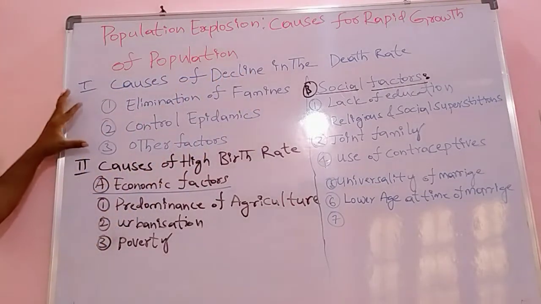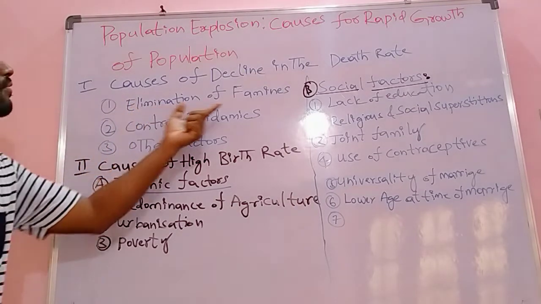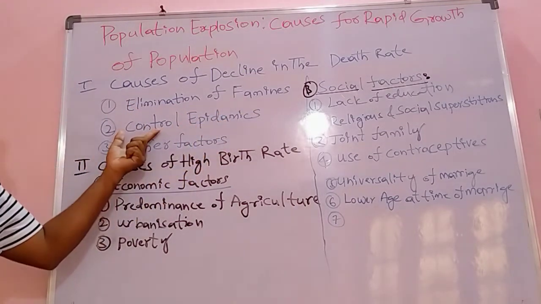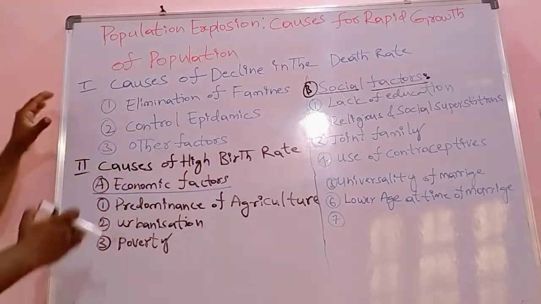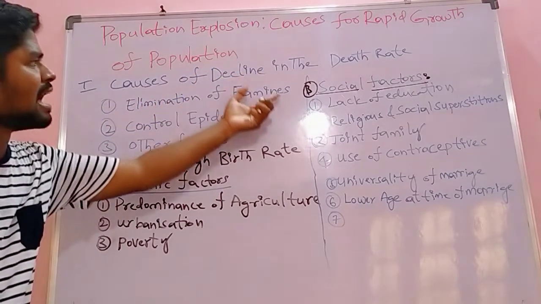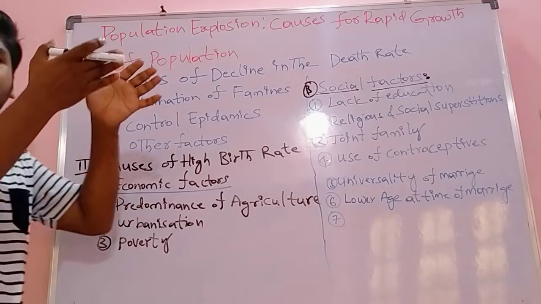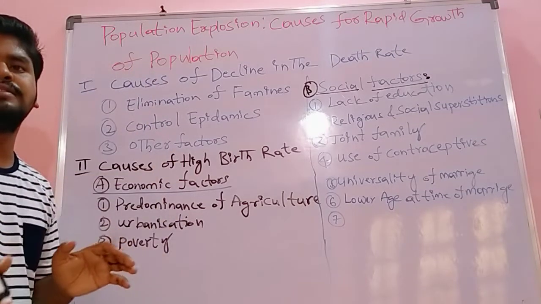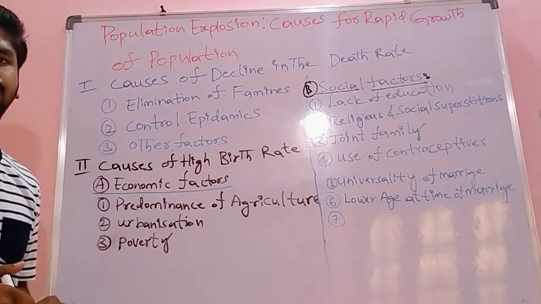There are three major causes: elimination of famines, control of epidemics, and other factors. These three causes lead to a decline in the death rate. When the death rate decreases, the population increases very fast. That is what population explosion is.